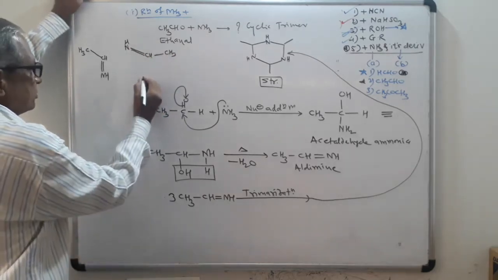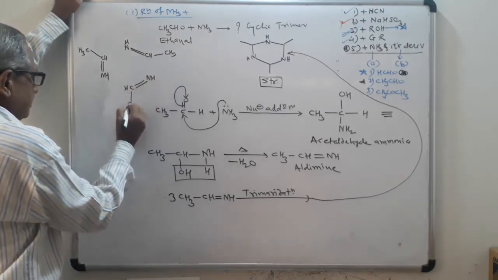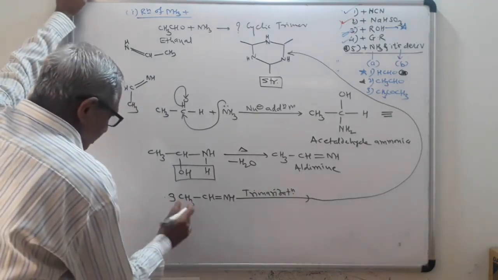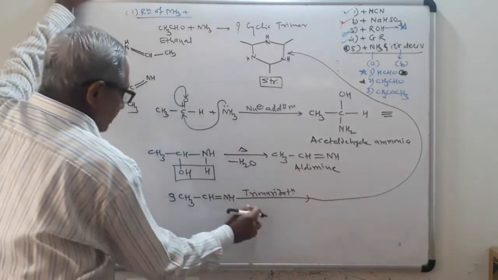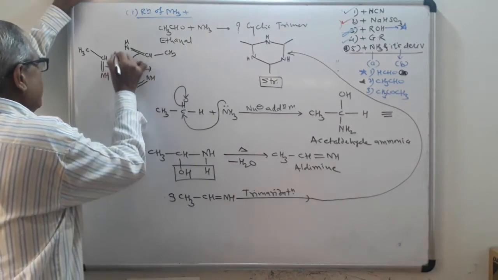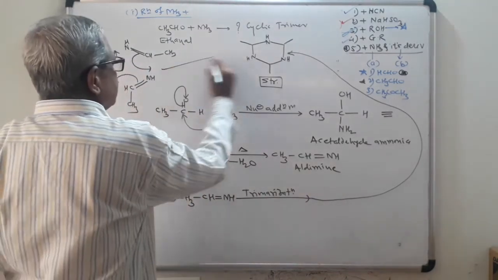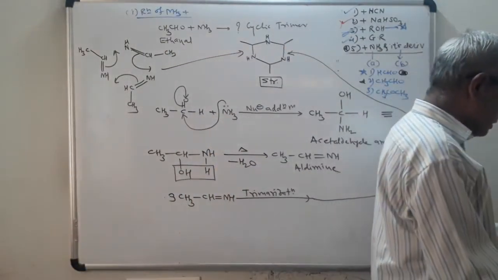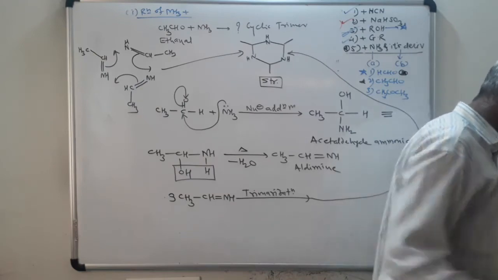The third molecule: NH double bond CH CH3. So these are the 3 molecules of the aldehyde. This will undergo trimerization. You shift this bond here, this bond here, this bond here, and you get this structure, the cyclic trimer. So this is a very, very important reaction for the formation of the cyclic trimer.